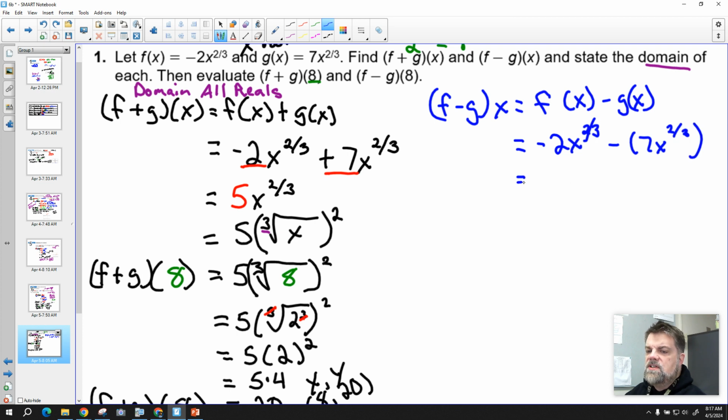So now we still combine like terms, right? In other words, this is like negative 7 and negative 2, which will give me negative 9, right? So I have negative 9 times x to the 2/3. And so then that's negative 9 cube root of x squared.